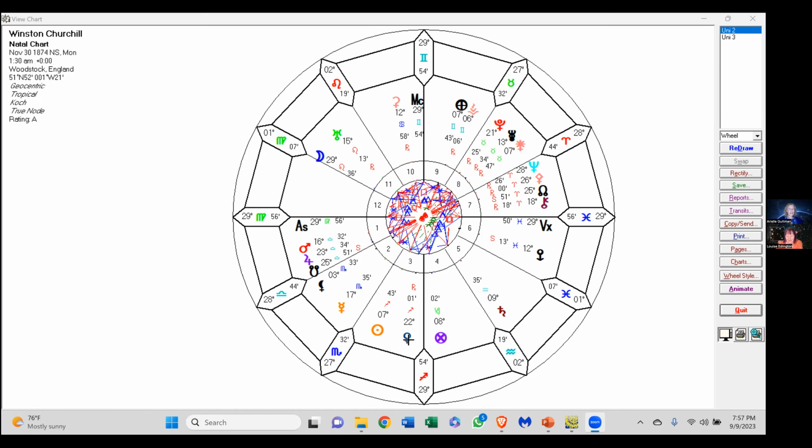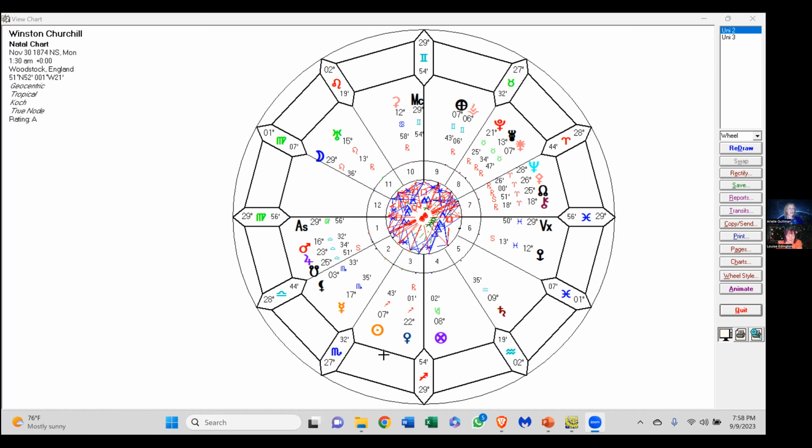If you look at the Cazimi before his birth, he was born at the Pisces Cazimi, which happened a full 9 months before he was born, probably right around his conception back here in Pisces. So it was only about 8 days or so after he was born that this next Cazimi occurred.